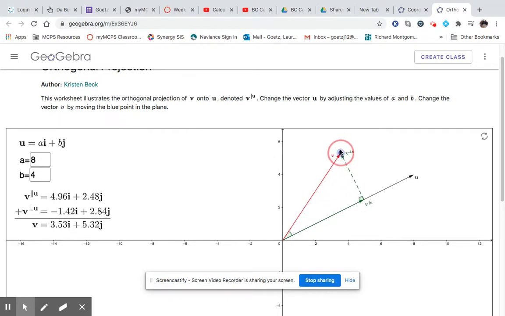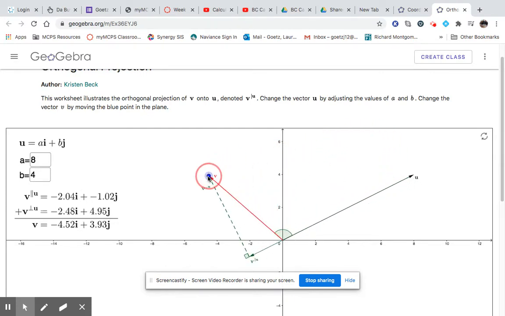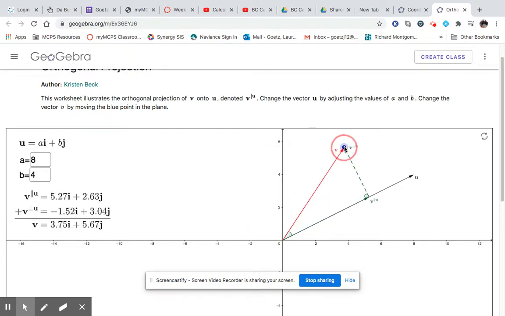The projection of v onto u. This is kind of the opposite drawing of the first. Kind of cool. I think it's kind of cute, right?